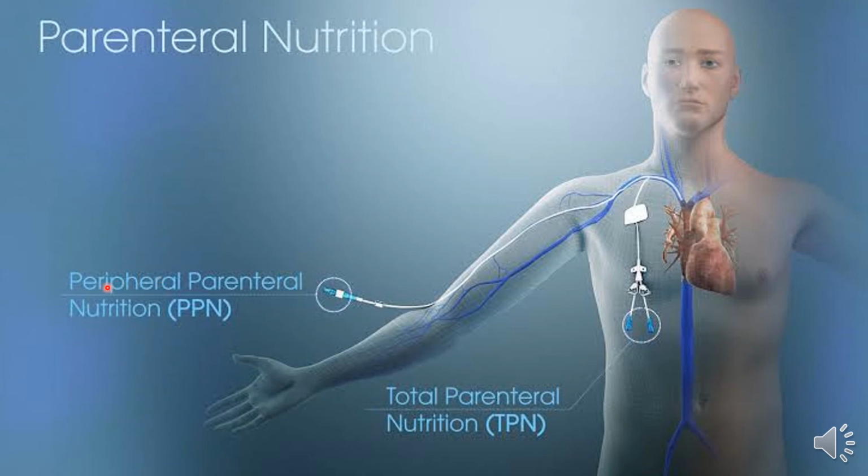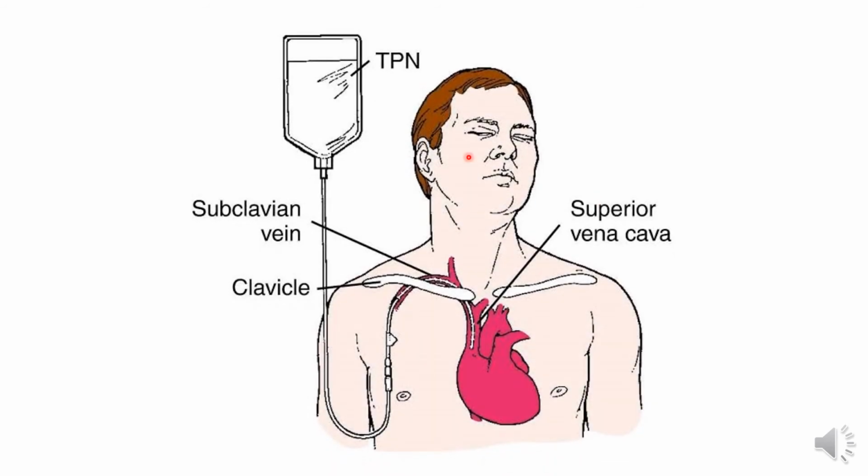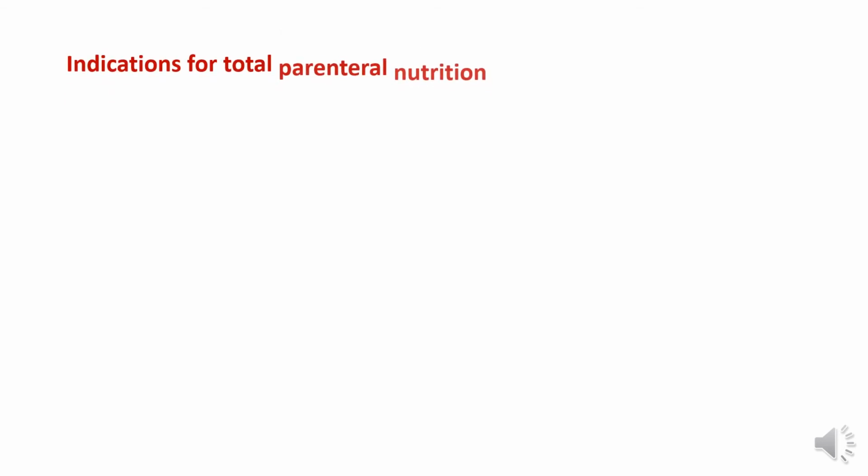So usually supplemental parenteral nutrition is given through the peripheral veins, while the total parenteral nutrition is given via the central veins. An example here is the subclavian vein. Here's a diagram showing total parenteral nutrition, wherein the tube is passed into the subclavian vein to the superior vena cava.